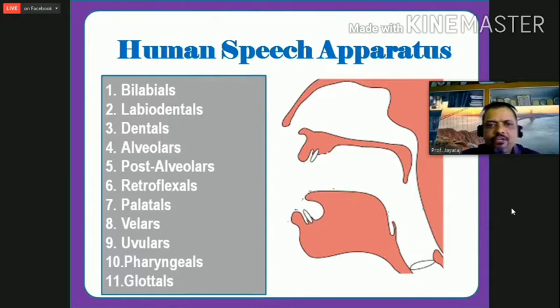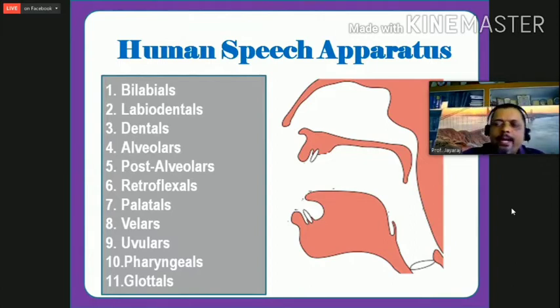Dear friends, if you take up the English language, English speakers use 8 places of articulation. When you take up Arabs and the speakers of Semitic languages, they use 10 places of articulation.